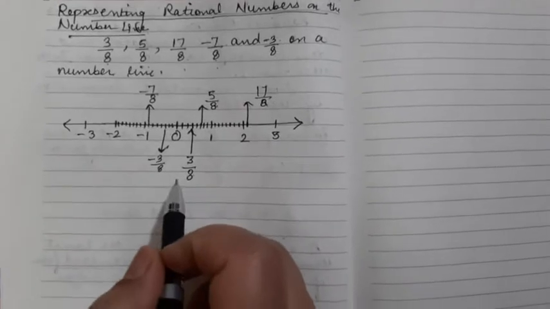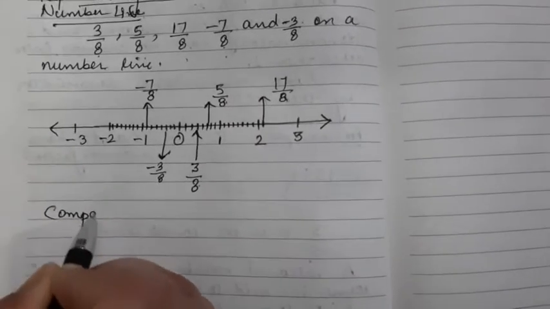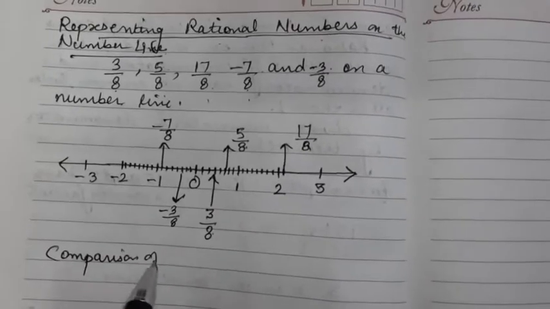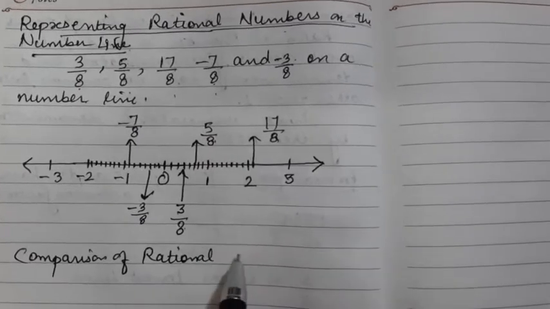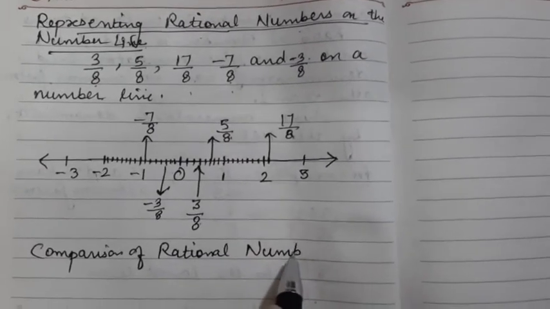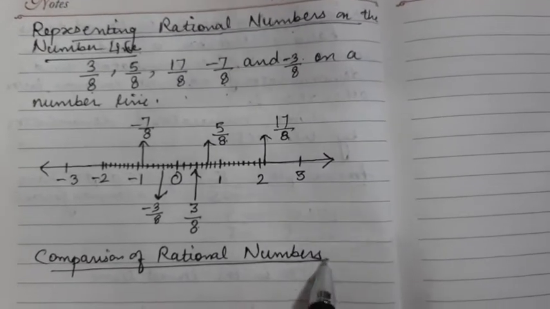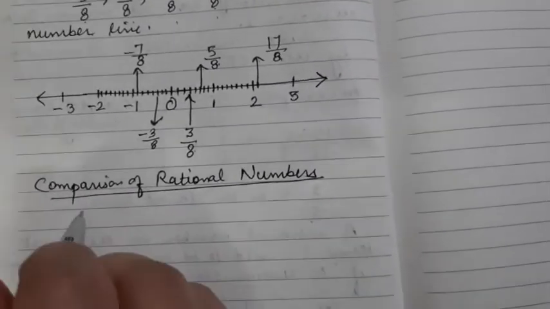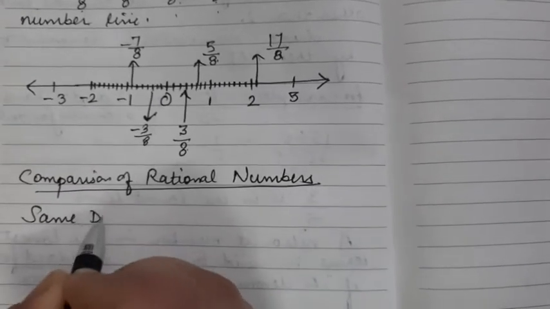So next is comparison of rational numbers. So first is if there is a comparison with the same denominator.